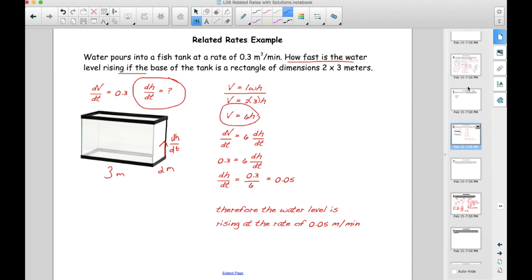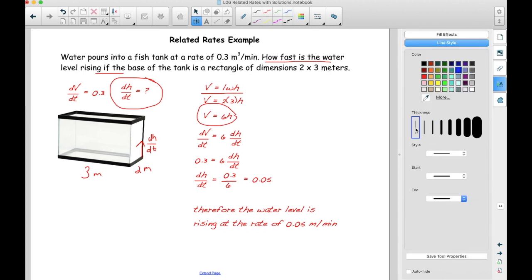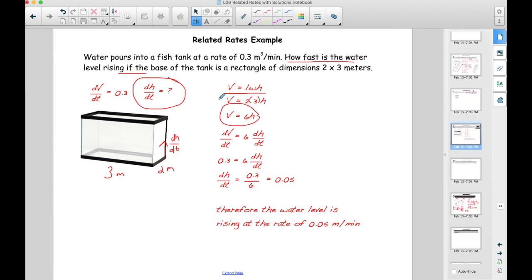So the next thing we're going to do now is take the derivative with respect to time. Taking the derivative of v with respect to time is just going to be dv dt, because the derivative of v with respect to itself is 1, so there's really a 1 times dv dt. The derivative of height with respect to itself was 1. I didn't write it. And then times dh by dt.